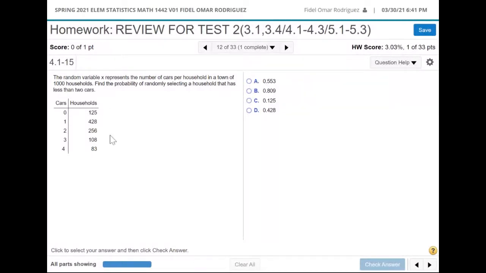What I need to do is come up with my probability distribution, because right now what I have is the number of households that have either no cars, 1 car, 2, 3, or 4, but I don't know the probability at this point.